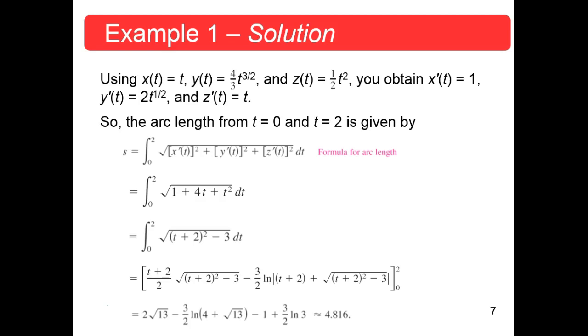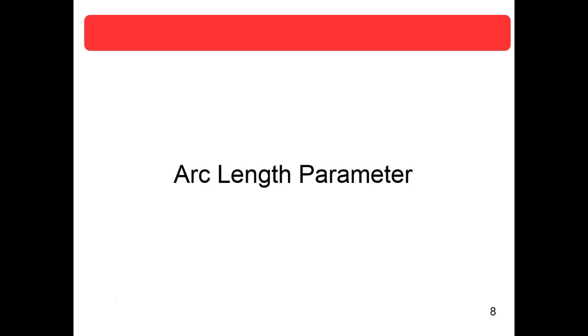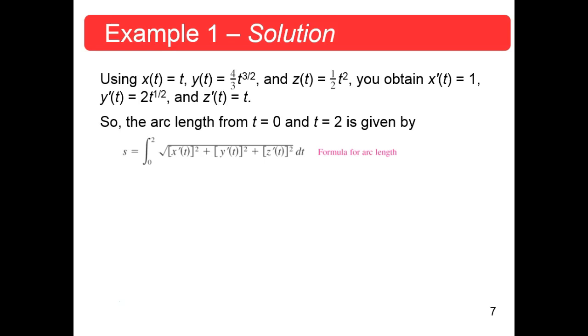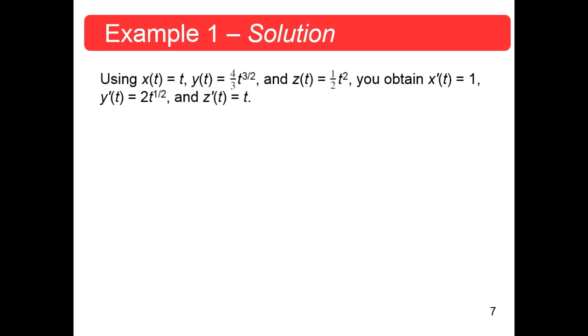Okay. This is the example 1, bottom of page 855. Excuse me. Okay. Let's see if they show example 2. No. Okay. So let's back up and try to do example 2 here. Okay. Finding the arc length of a helix.